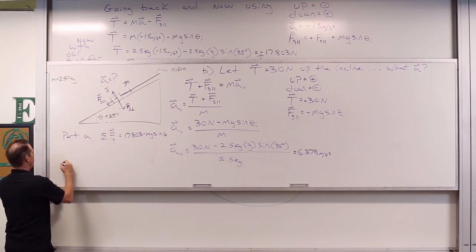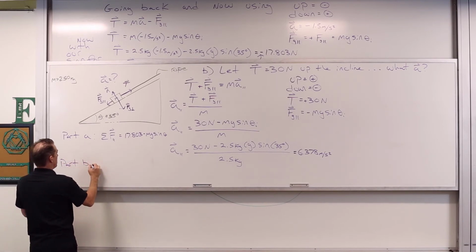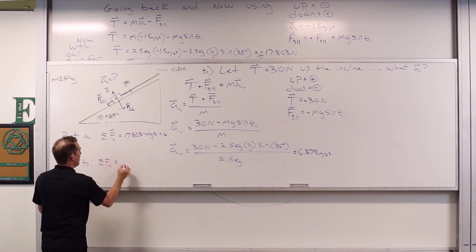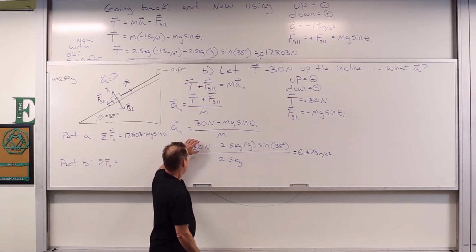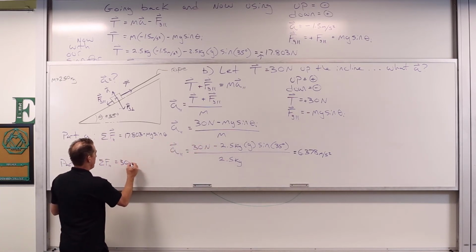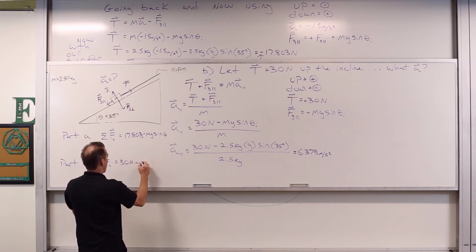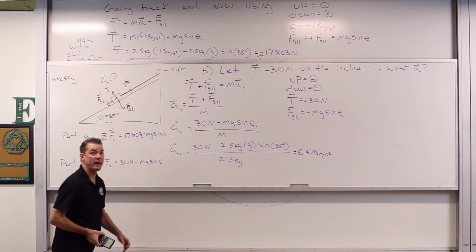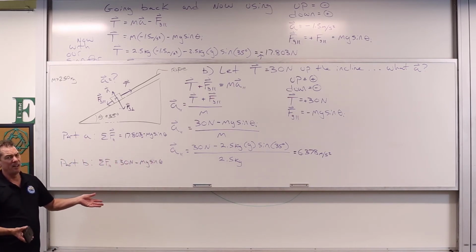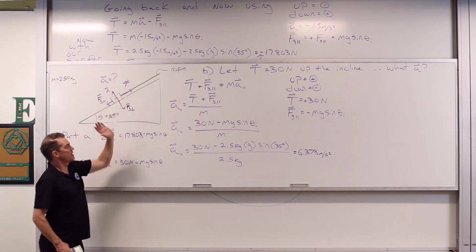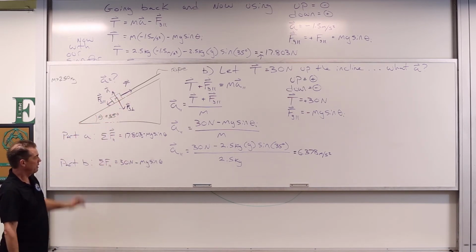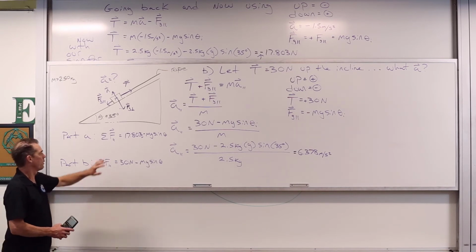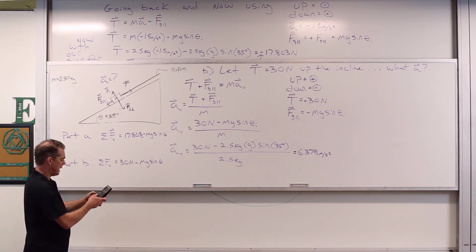Whereas for part B, the net force parallel is going to be equal to, well, 30 minus mg sine theta. 30 newtons minus mg times the sine of theta. It's the net force that produces the overall acceleration, so that's what we really want to compare. Not just force of tension and say, wait, we got way over double. How did that happen? Well, it's all about the net force. So compute this out, right? We got 17.803 minus 2.5 times 9.8 times the sine of 35.